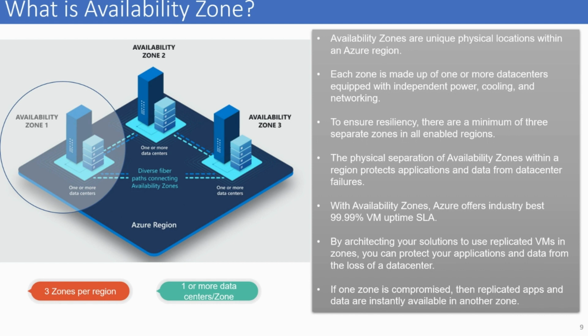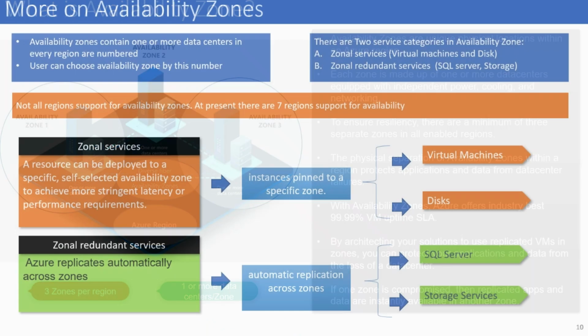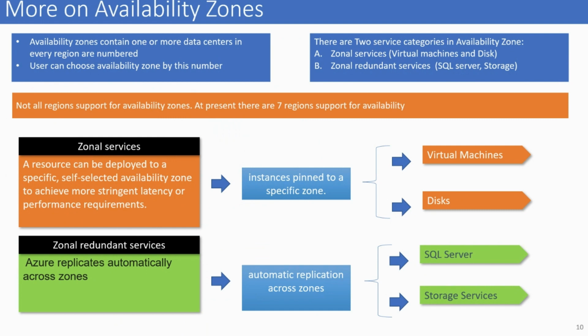Regions and availability zones need to be selected while creating a resource in Azure. There are two different classifications with respect to availability zones. They are zonal services and zone redundant services.